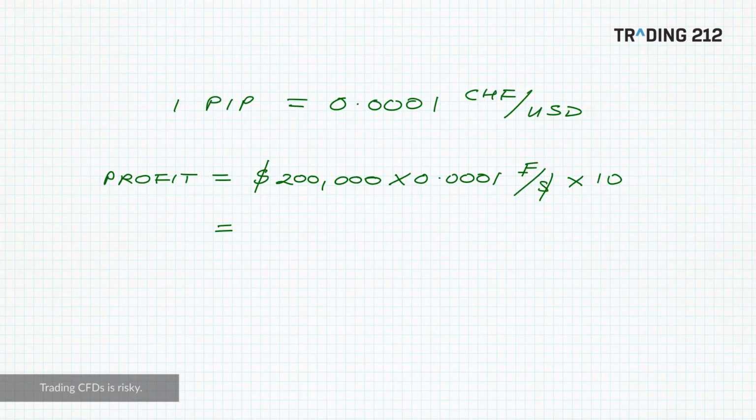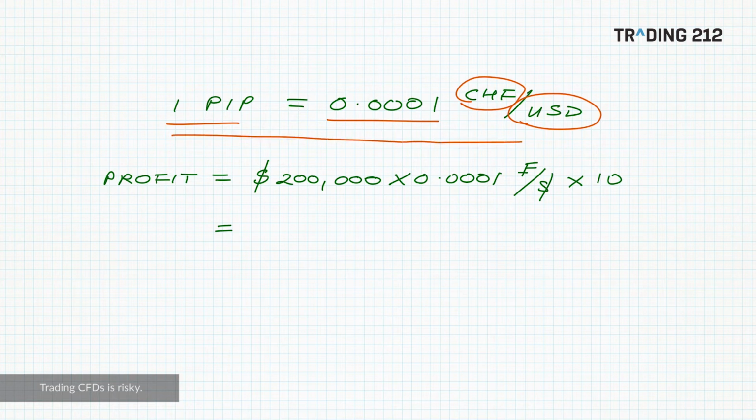And when we say 1 pip is 0.0001 of the exchange rate, that exchange rate is an expression, of course, of the number of Swiss francs that you get per unit of the base currency, and the base currency being US dollars. So that 1 pip is 0.0001 Swiss francs per US dollar.